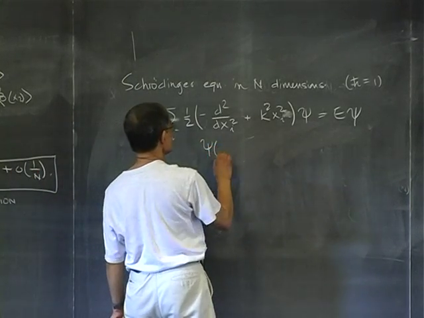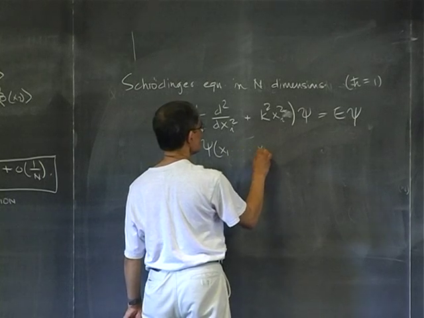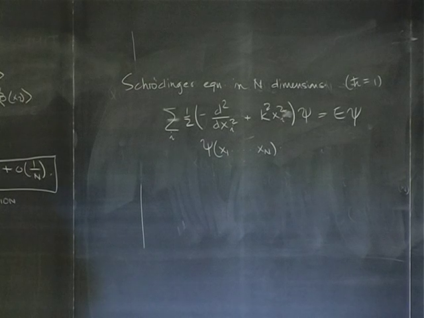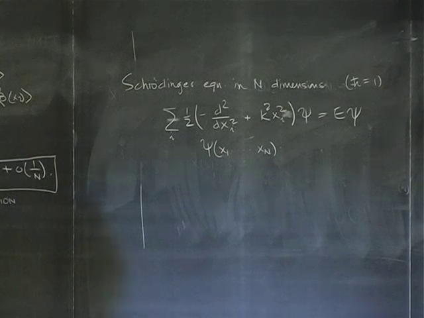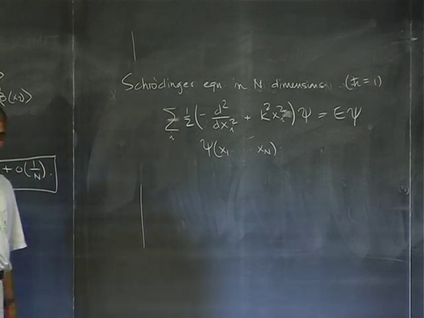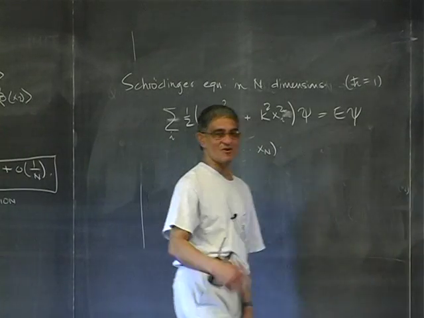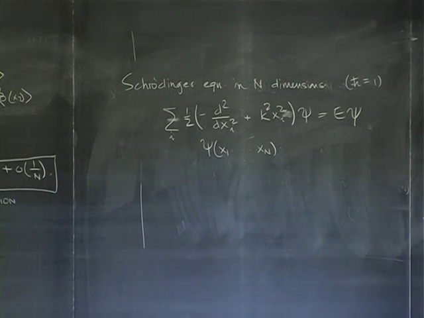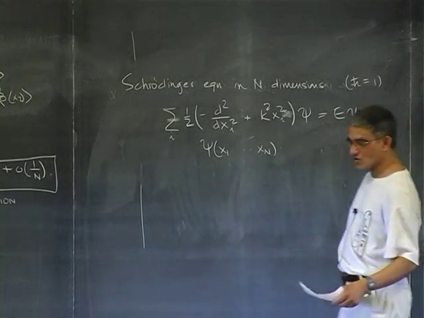The wave functions are a function of x1 to xn. Everybody knows how to solve this problem, because these are n decoupled harmonic oscillators. You solve them one by one, find the wave function, take a product of the wave functions, and you get the answer.